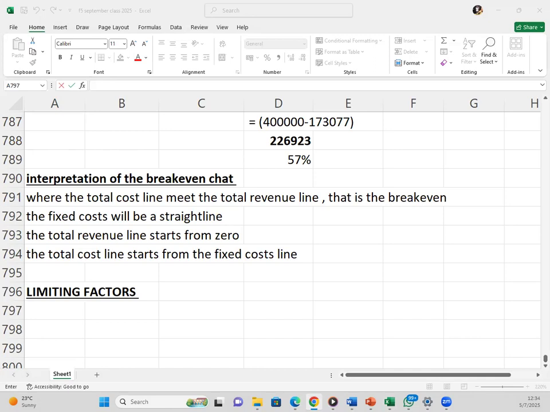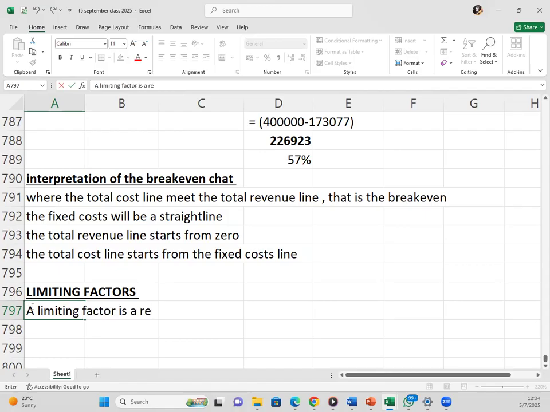So the resource which is in short supply could take different forms. It could be labor, it could be material, it could be space. So a limiting factor is a resource which is in short supply.